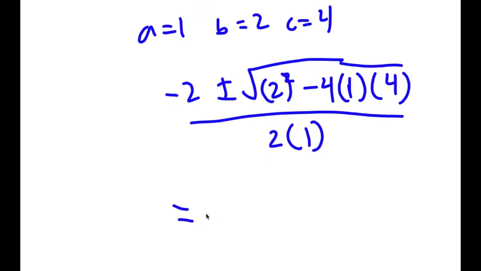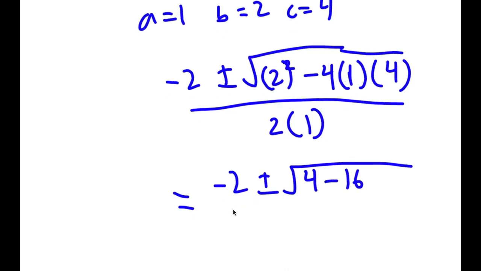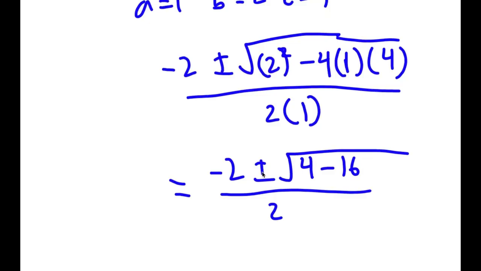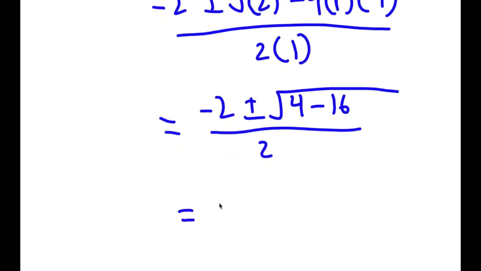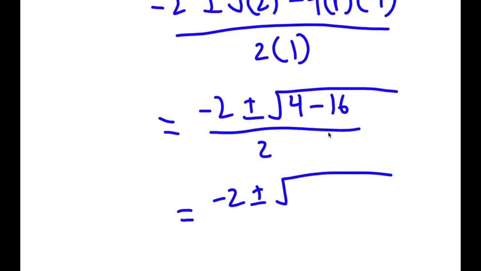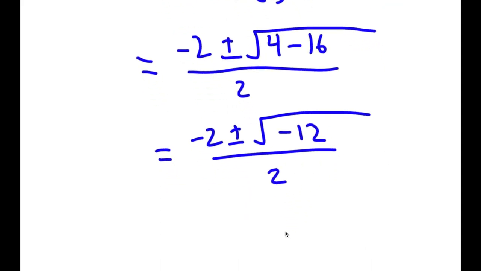So now this is equal to negative 2 plus or minus the square root of 2 squared, which is 4, minus 4 times 1 times 4, which is 16, divided by 2. Now this is equal to negative 2 plus or minus the square root of 4 minus 16, which is negative 12, divided by 2.